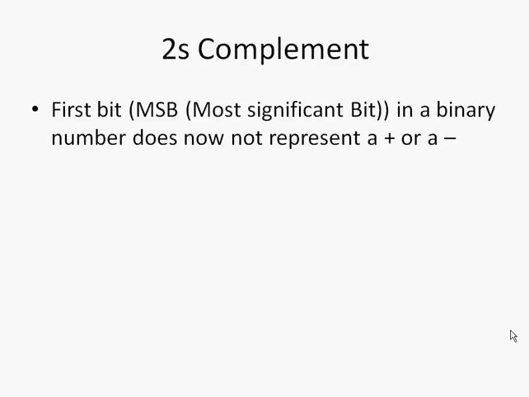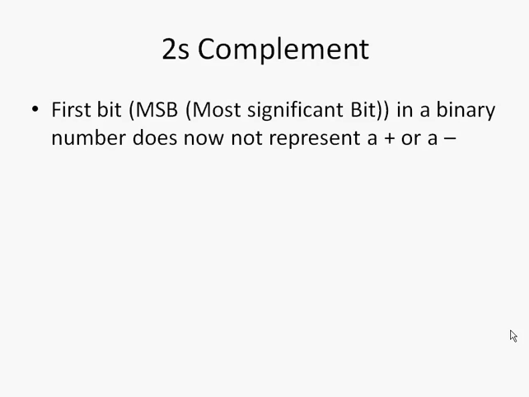So this second method of displaying negative binary then, called 2's complement, it's probably a little bit more complicated, a little bit harder than sign and magnitude. When we're looking at this, we'll introduce another piece of terminology, which is the MSB, most significant bit.